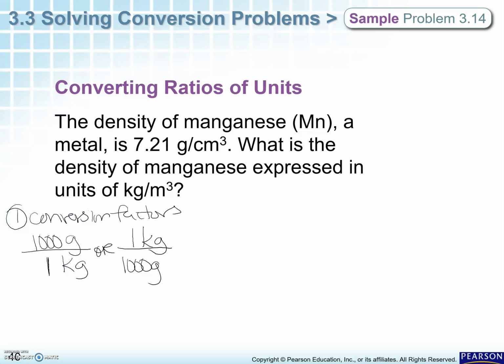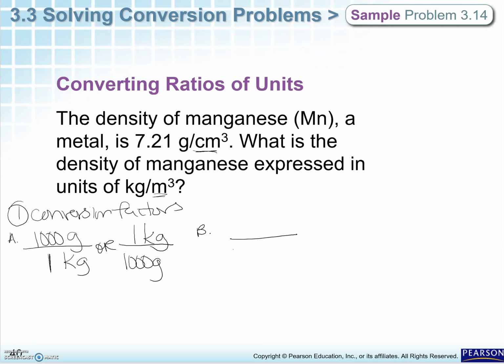Your other conversion that we have to look at is centimeters cubed to meters cubed. For our second conversion factor, we need to figure out how to go from meters cubed to centimeters cubed. How are we going to figure that out? Well, we know the conversion between meters and centimeters. Meters is the bigger one, so it gets a 1.